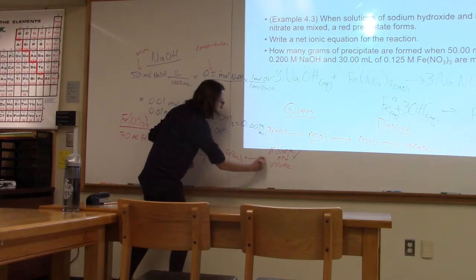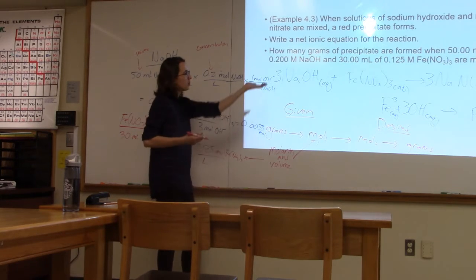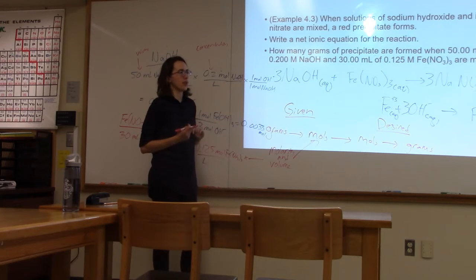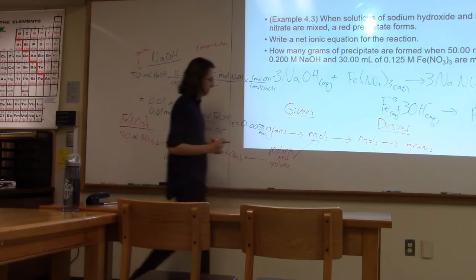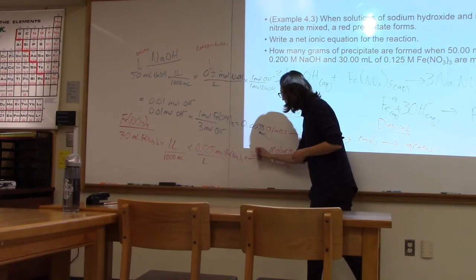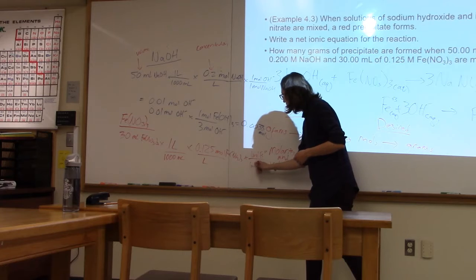NO3. So would it be like 3 moles of NO3? I actually don't care about the NO3 because the NO3 is a spectator ion. Which one is not the spectator? The Fe ion, yes. So 1 mole of Fe over 1 mole of Fe(NO3)3.